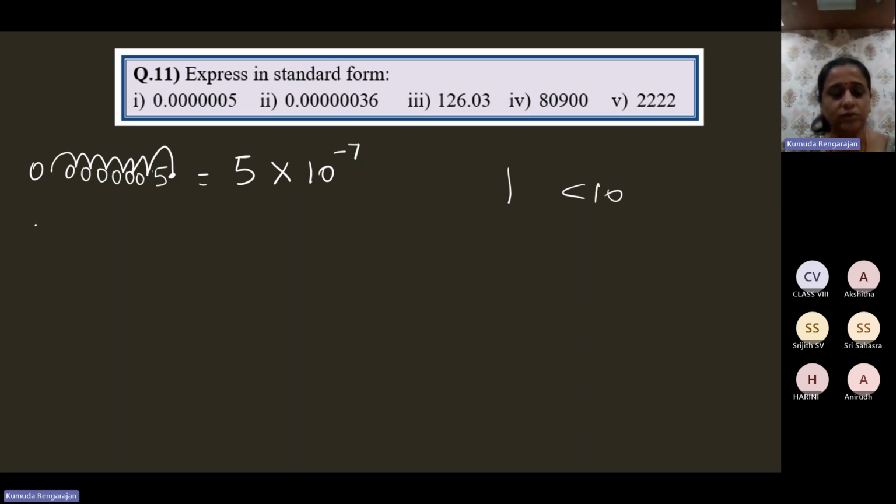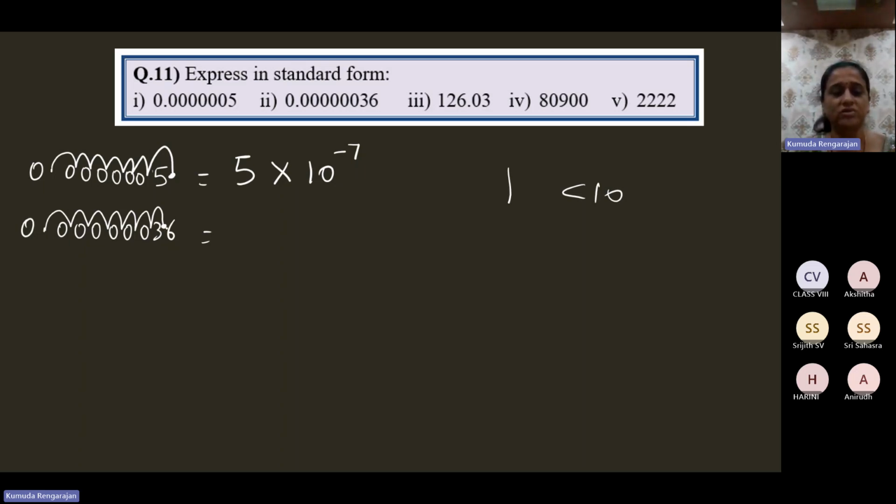I'll do the next one also for you. 0.00000036 is equal to. Now see here. 1, 2, 3, 4, 5, 6, 7. You need to stop here, because you will have questions to answer by yourself.